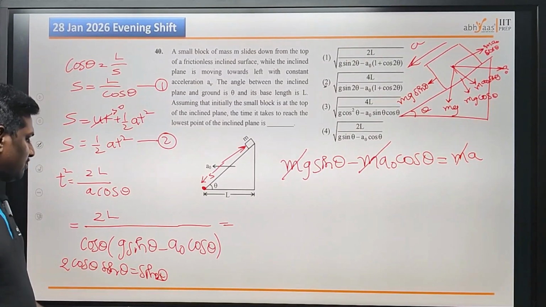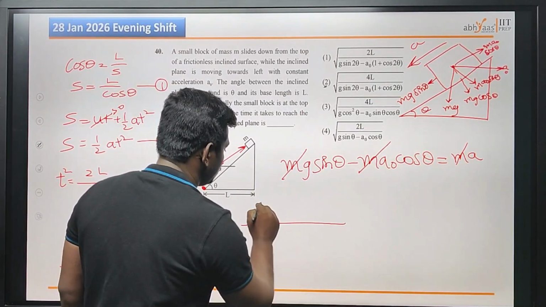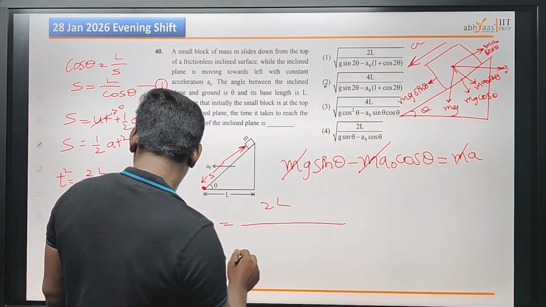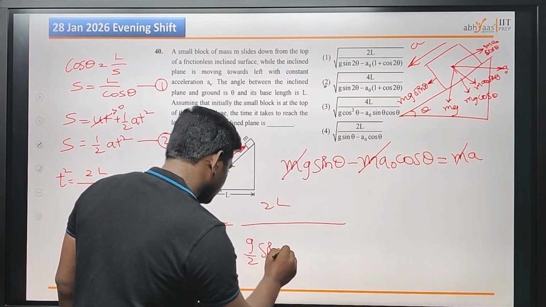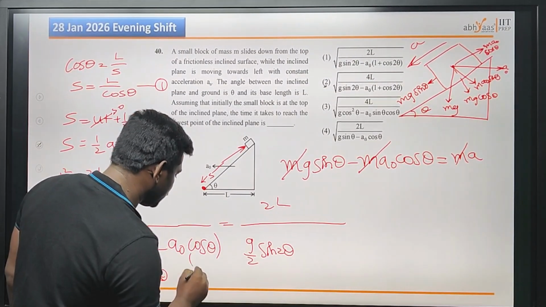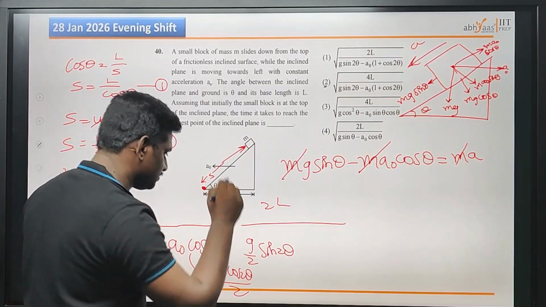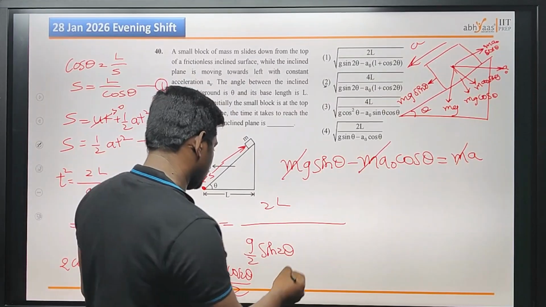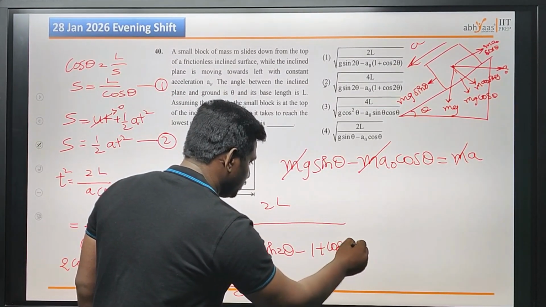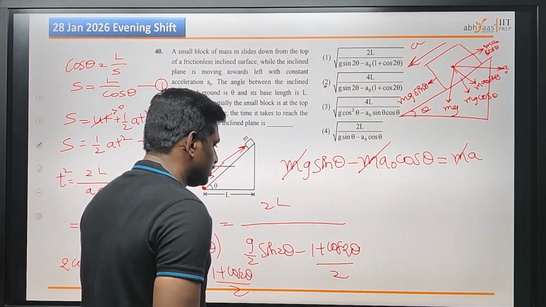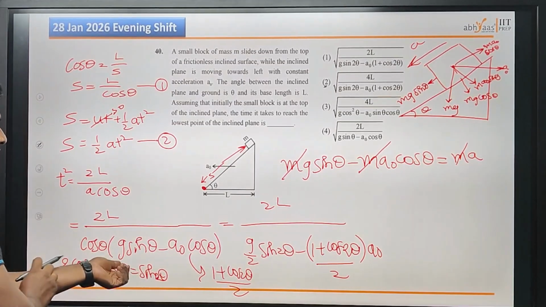Sin 2 theta. So from this one I am writing, see here, 2L by g by 2 sin 2 theta. Cos square theta can be written as 1 plus cos 2 theta by 2. Okay, minus 1 plus cos 2 theta by 2 into a naught.